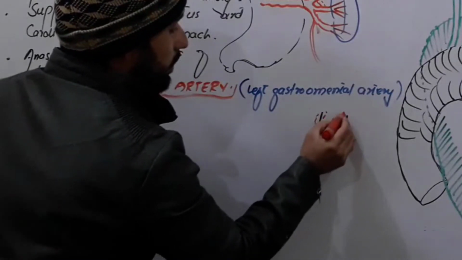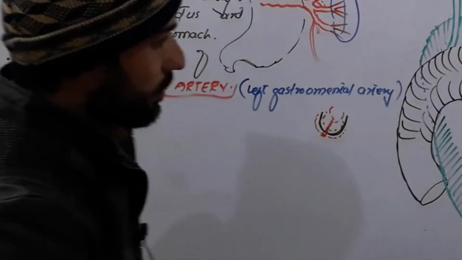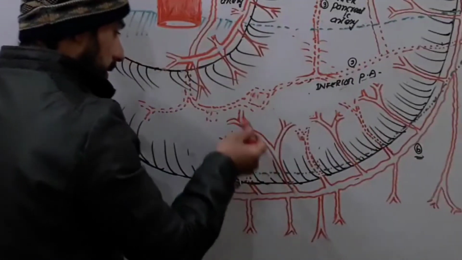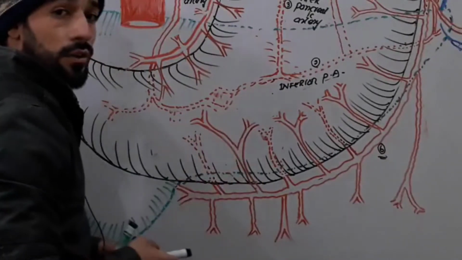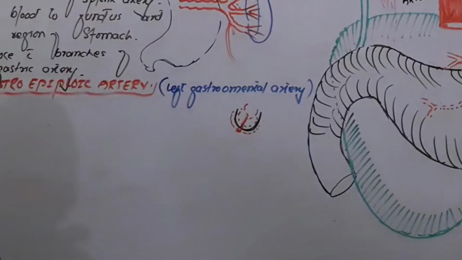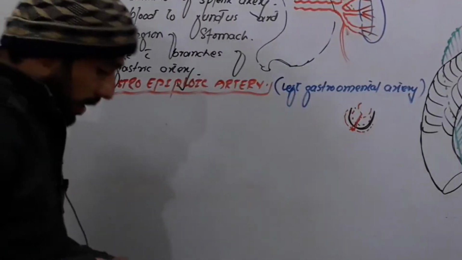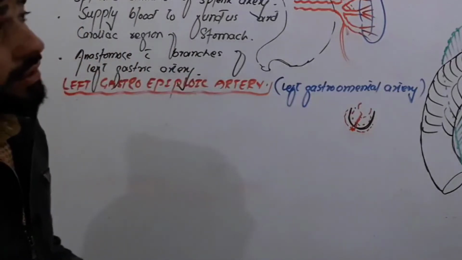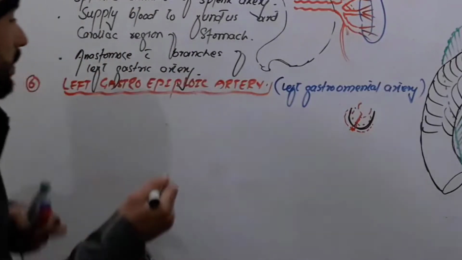The posterior branches are shown here in dotted manner, and the anterior branches I have shown in dark manner. So this sixth branch is the left gastroepiploic artery, and it arises from the splenic artery near the hilum of the spleen.